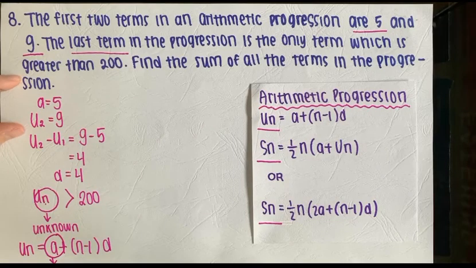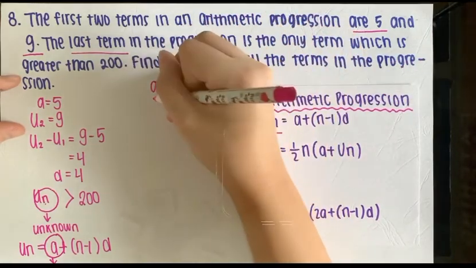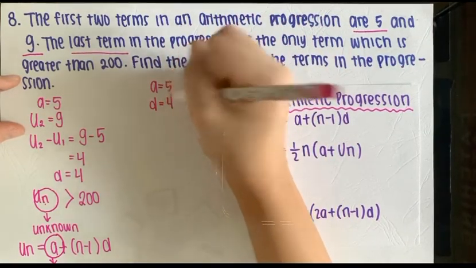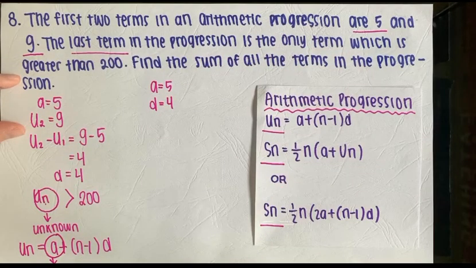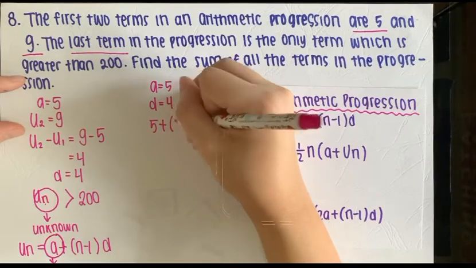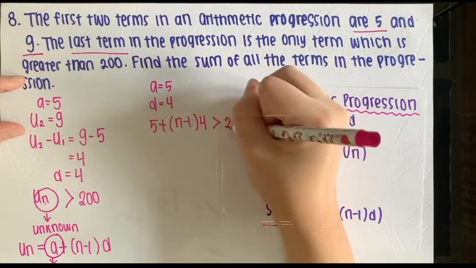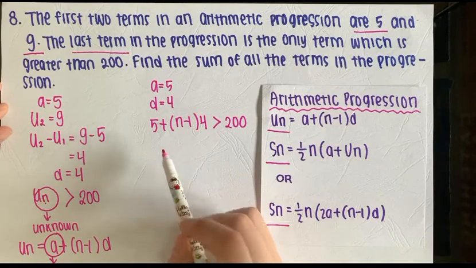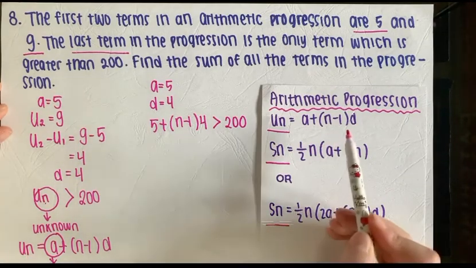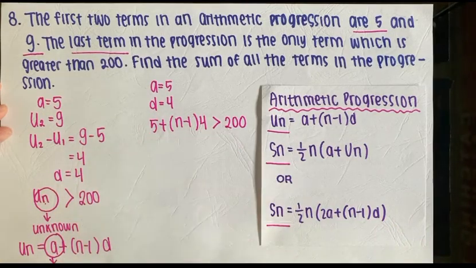Having known that a is 5 and d is 4, we can substitute those inside the formula. 5 plus n minus 1 in brackets, multiplied by 4, which is d, is greater than 200. All I did was substitute un by the formula, putting in the values of a and d that we already know. This is what we got.